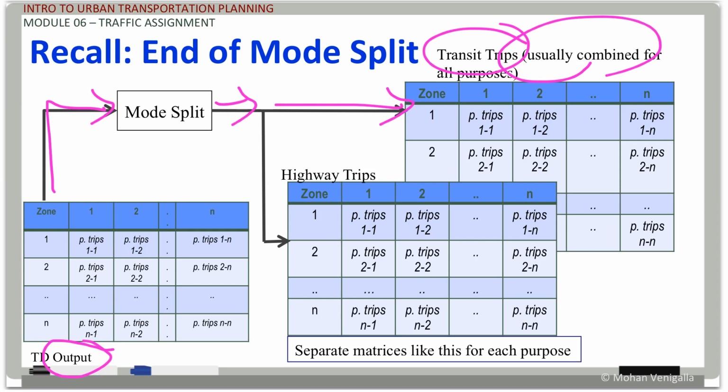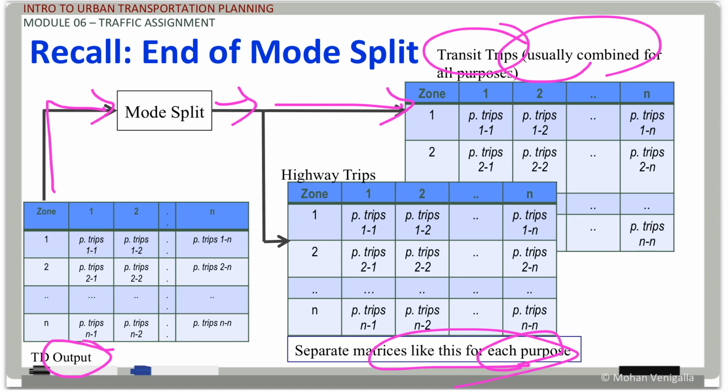Whereas on highway trips, if you have four people, maybe they use one car, maybe they use two cars. So that's why here you still don't combine them. You maintain the purpose at this point.